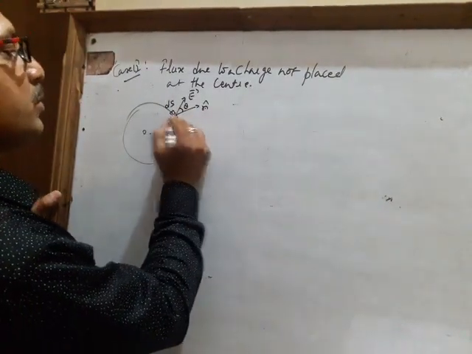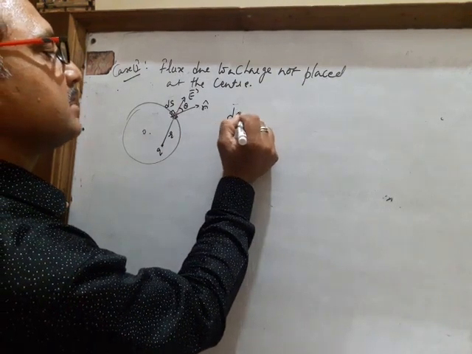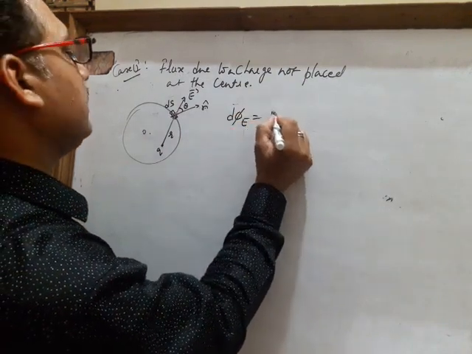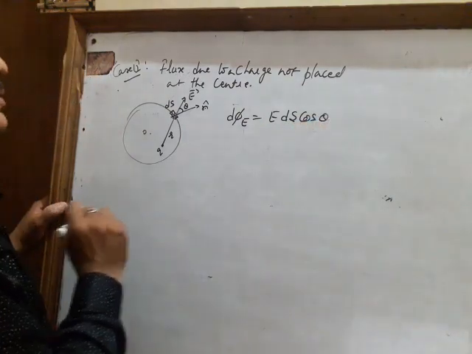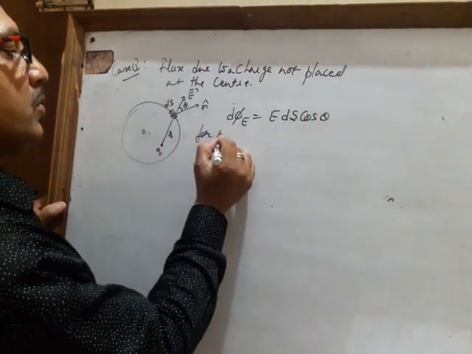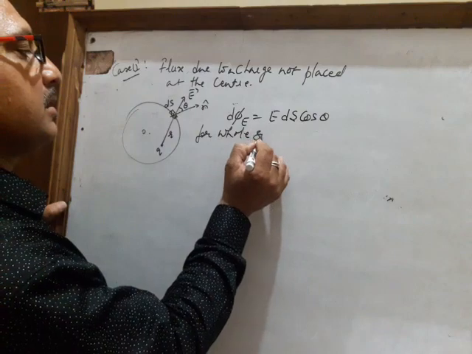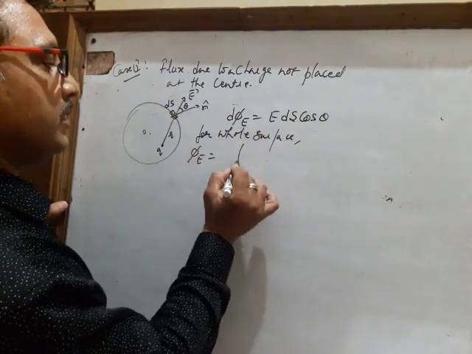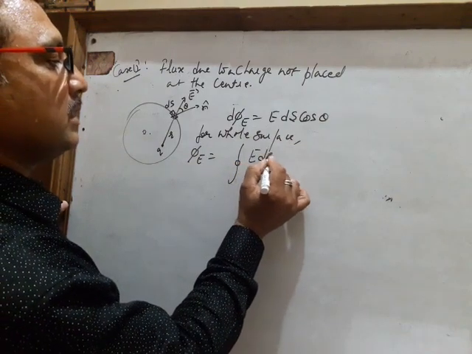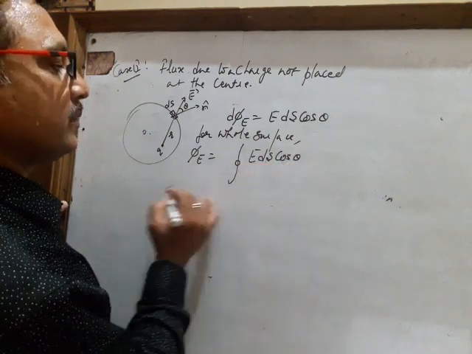What is the flux through the small surface ds? This is d phi E. This is equal to E ds cos theta. For whole surface, phi E equal to integral, surface integral of E ds cos theta.